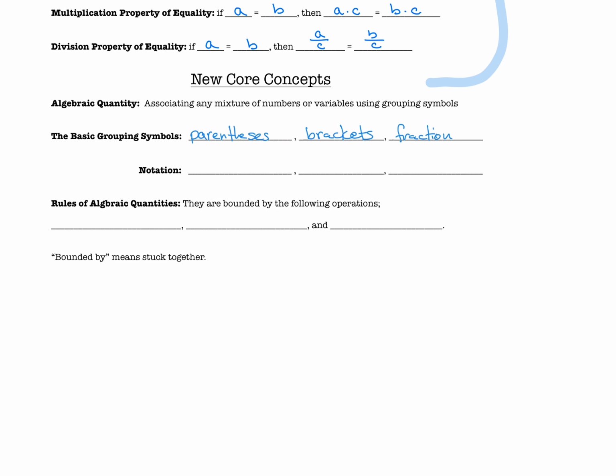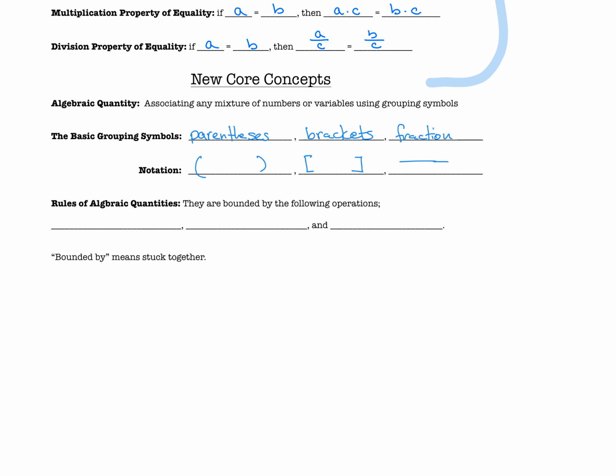The notation for these things: parentheses have a rounded curvature. Brackets look a lot like parentheses, except they're squared. They act the same way as parentheses; they're still grouping symbols. And then the fraction has a fraction bar, which is the thing that separates the numerator and denominator.